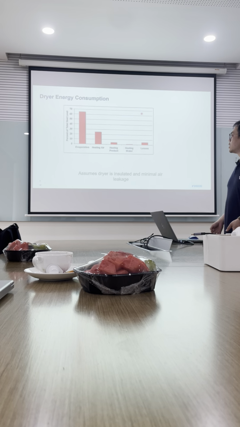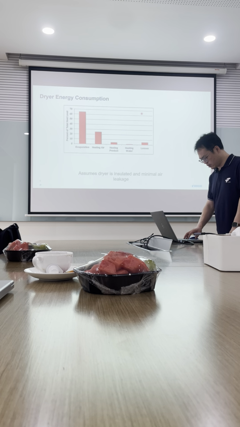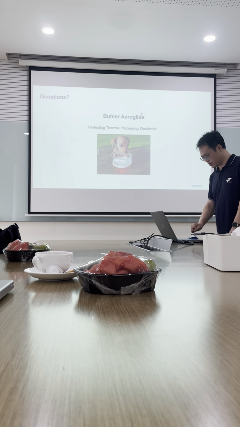We usually use the heat balance. This is provided by Airglide, because they have more than 6 years of experience. They have a special calculation theory to do this. So this is the topic for the dryer.